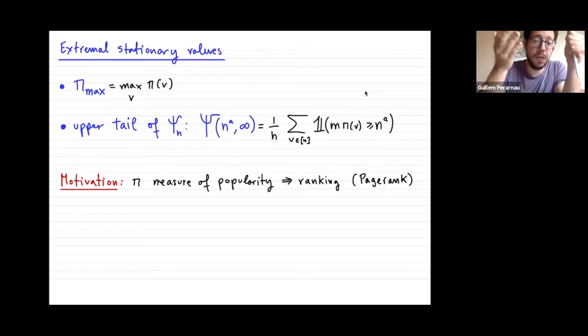So you can obtain a ranking of the elements of your graph by ordering them by decreasing value of pi. And this is very close to what PageRank does. At the end of my talk, I'll try to say how our results apply to PageRank.